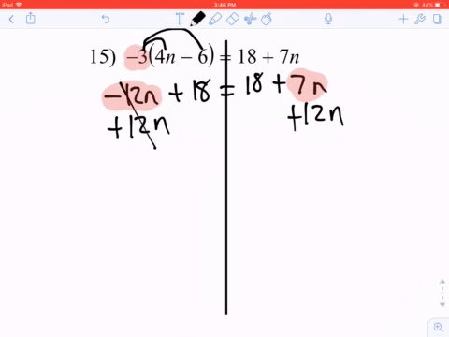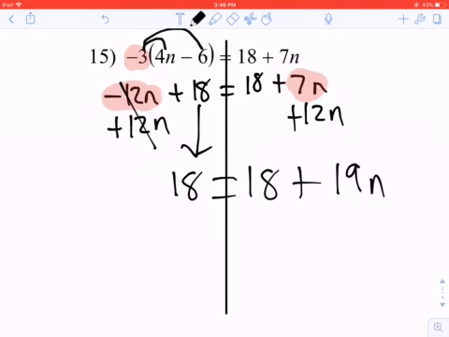These will cancel out. I'll write my work back down. So 18 is equal to 18 plus 19n. We get 19 from 7n plus 12n. That makes 19n.